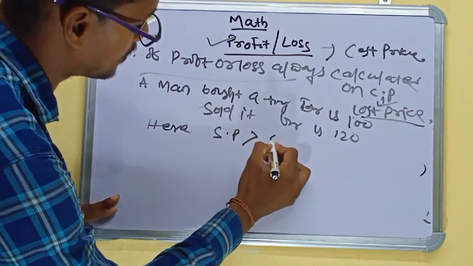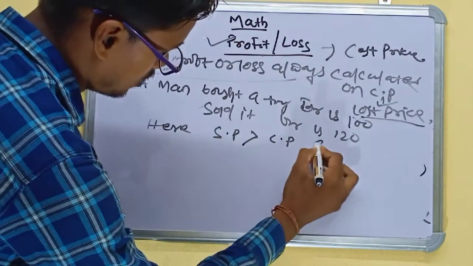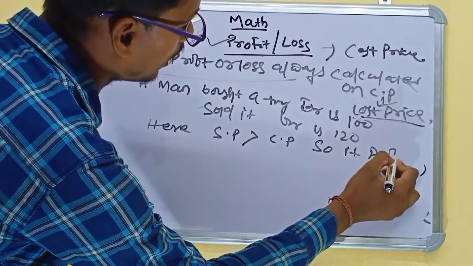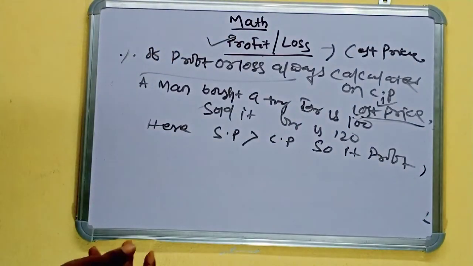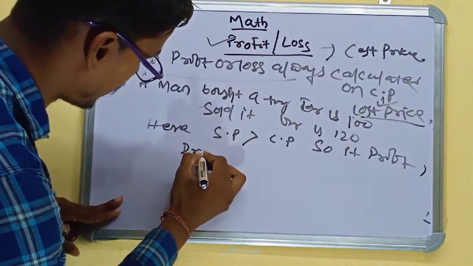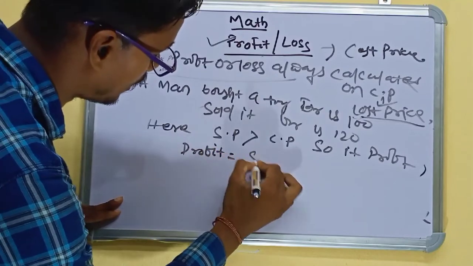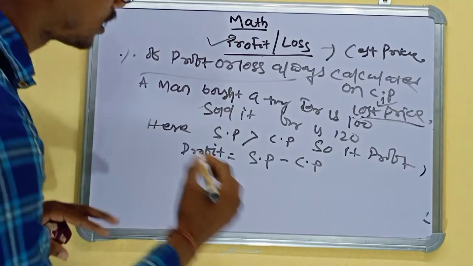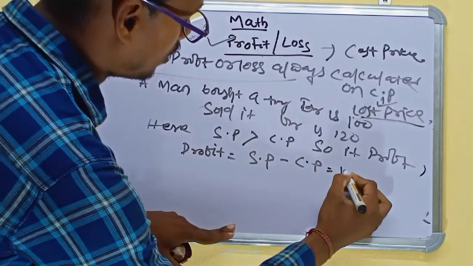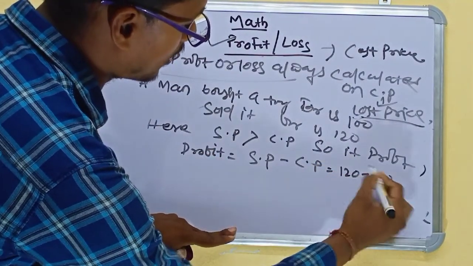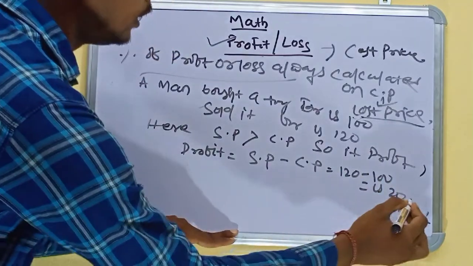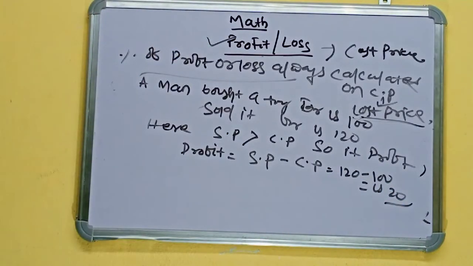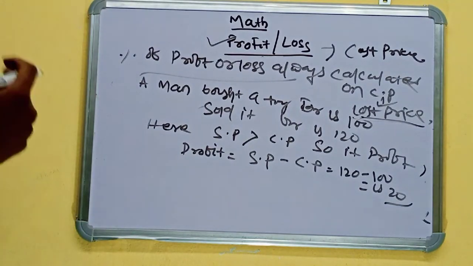SP is greater than CP, so it is profit. Profit is equal to SP minus CP, 120 minus 100, rupees 20. Rupees 20 is the profit.